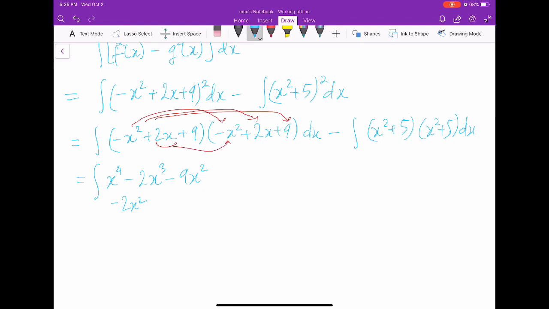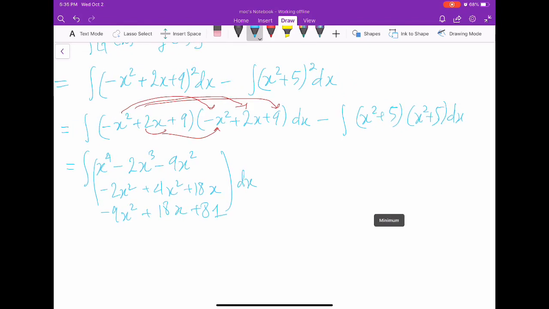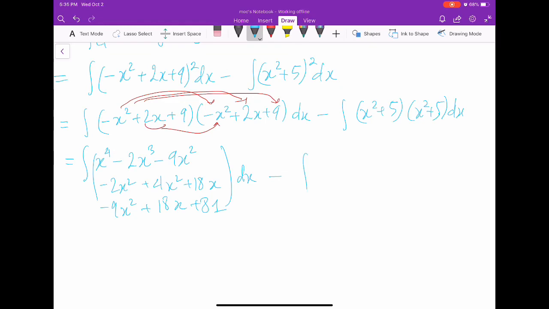And then plus 4x squared, and then plus 18x. Next, you have minus 9x squared, and then plus 18x, and then plus 81. So you finish everything with the first integral. Then you move to the second integral. You have x to the 4 plus 5x squared plus 5x squared plus 25 dx.